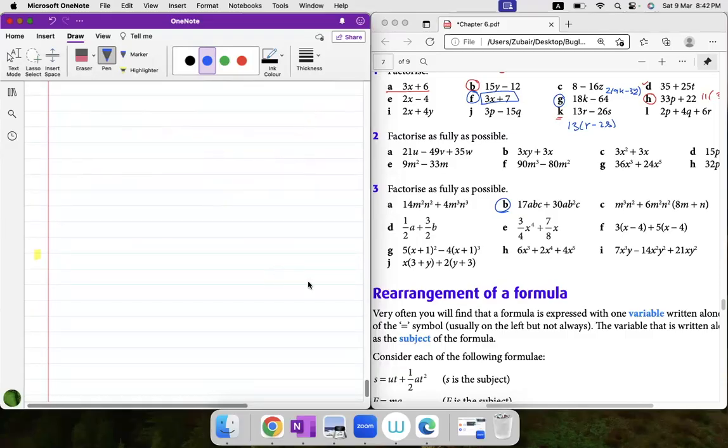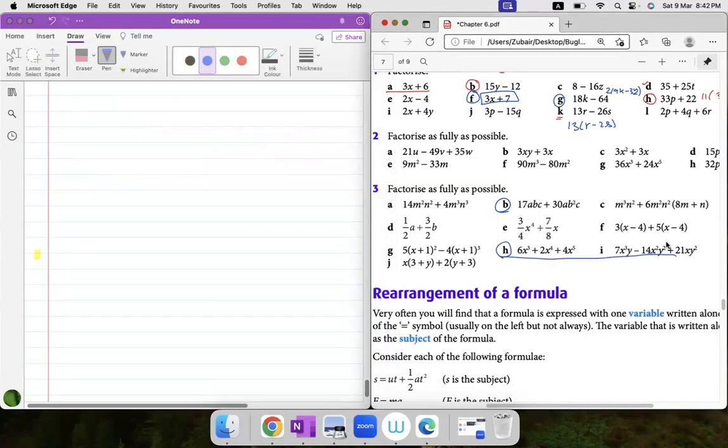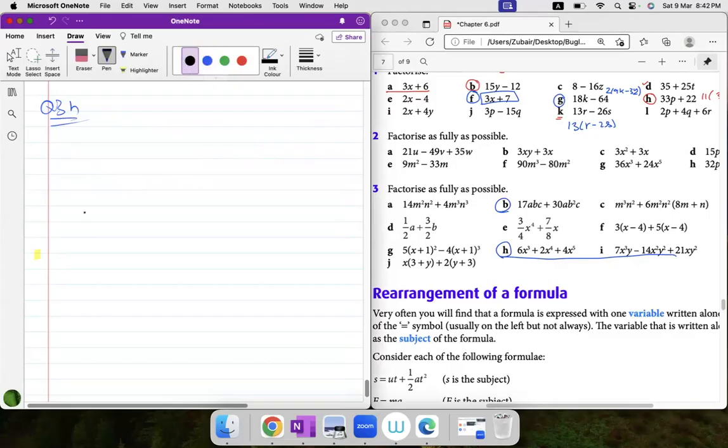Okay, let's try H and then I. Question 3H is 6x cubed plus 2x to the 4 plus 4x to the 5.